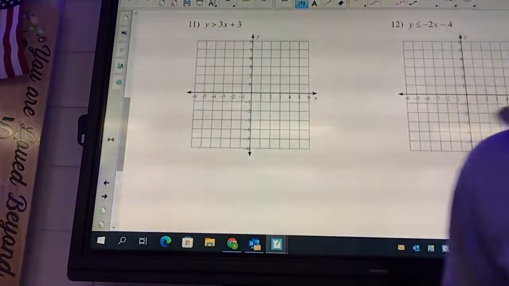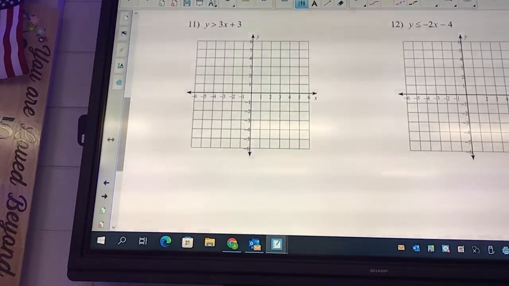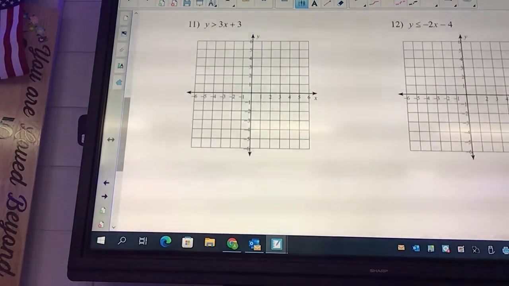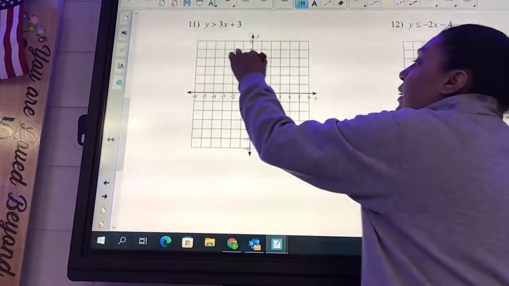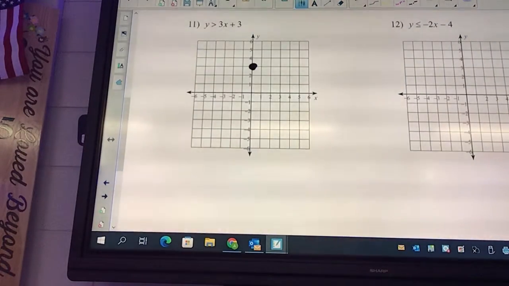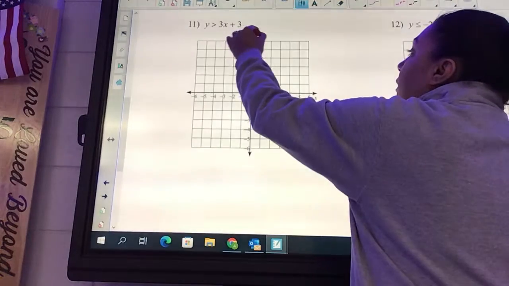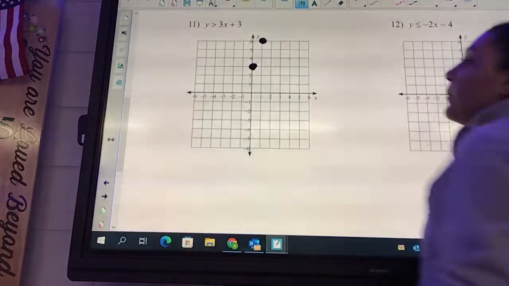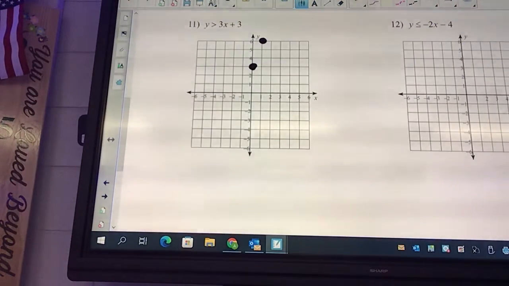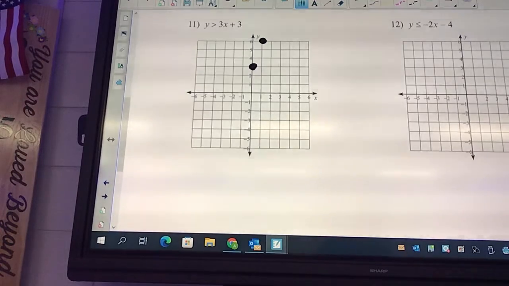Okay, 11. Where does it start? At 3. And my slope is what? 3/1. So we're going to go up 3. 1, 2, 3 over 1. Solid or dotted?